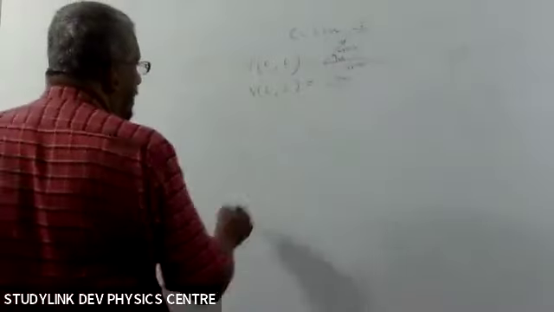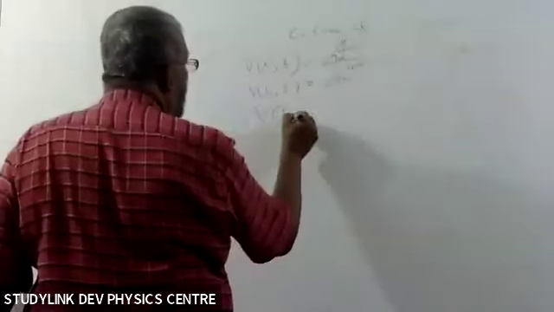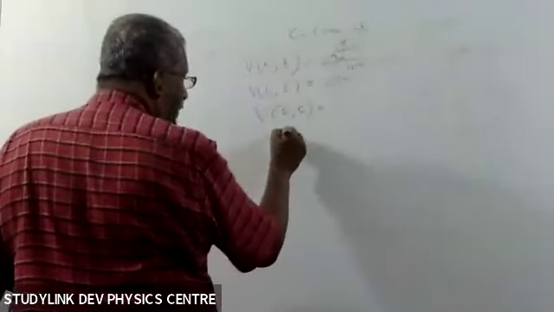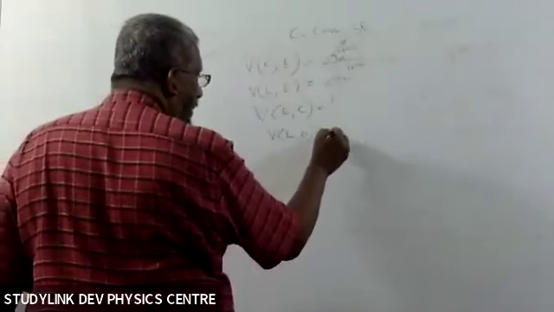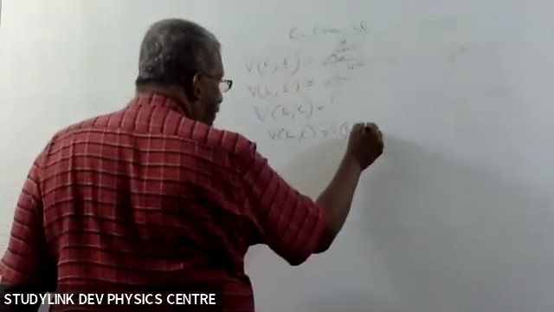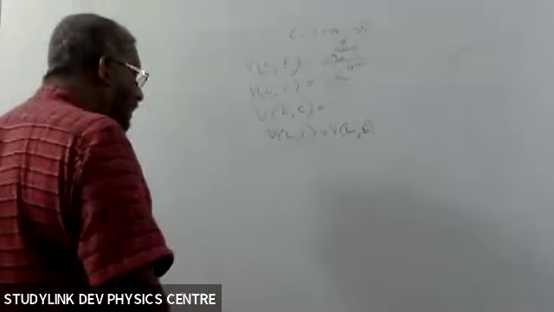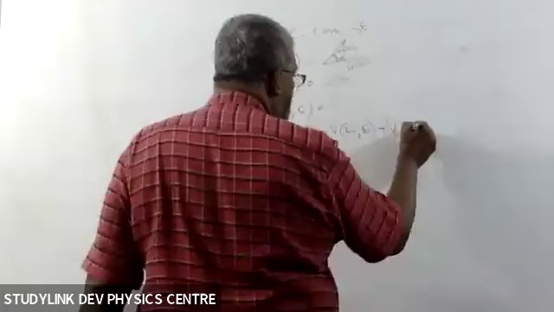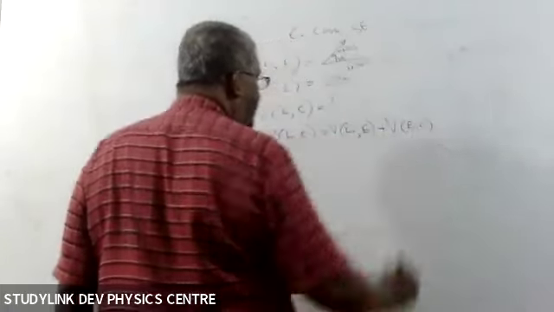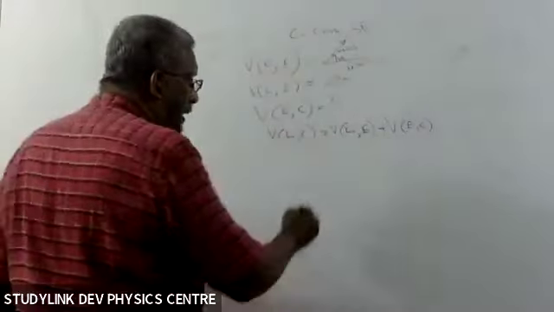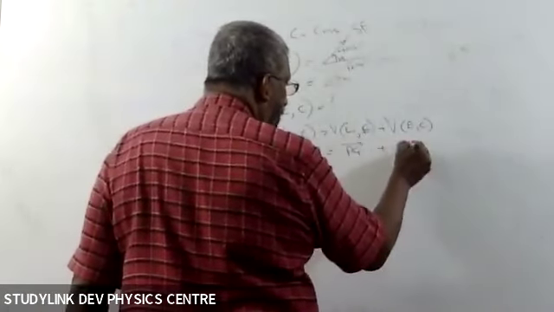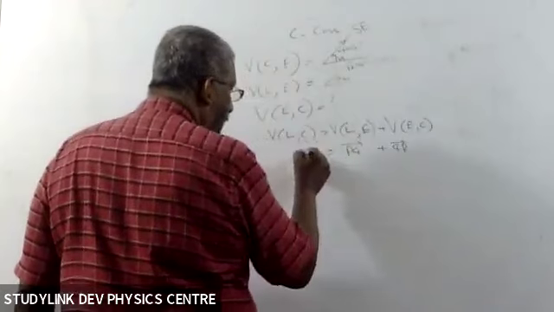Then we want to find velocity of the lorry relative to the car. Velocity of the lorry relative to the car is equal to velocity of the lorry relative to the earth, so E must come in the middle, plus VEC. So this is PQ plus QR and it is equal to PR.